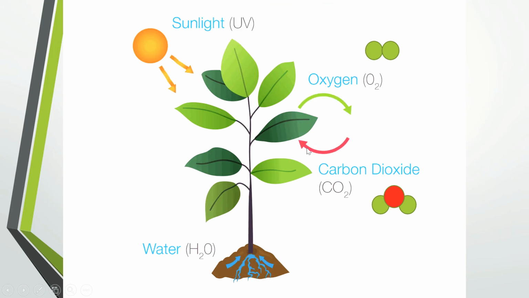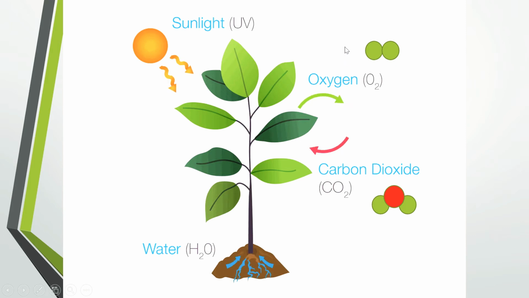So now, if we are going to lessen the number of plants in our surroundings, no one will capture this carbon dioxide, and since it is a hot gas, it might just scatter in the air.